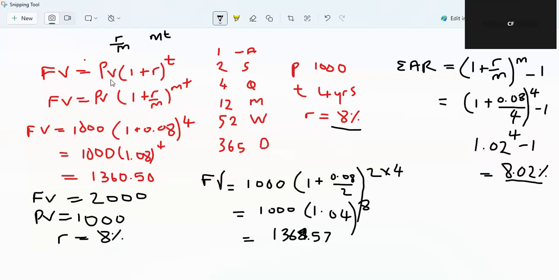So if it's annual, we use the same formula here. So 2,000 is equal to 1,000 times 1.08 to the power time. We don't have time, right?